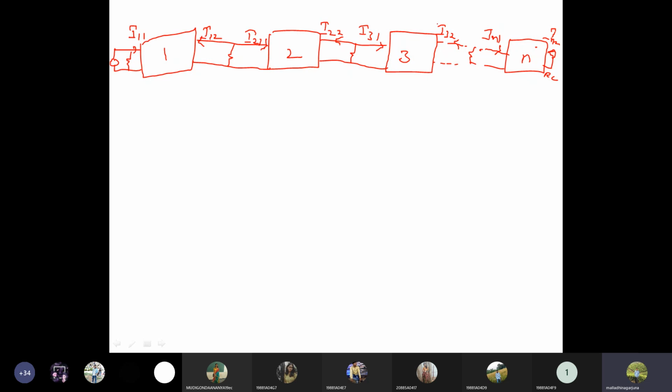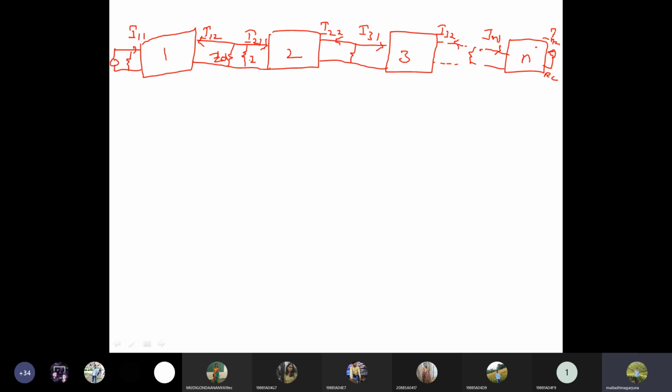Okay, so now let us look at this point. We can write here one more resistance. This is Z01 of the first stage, the output impedance of the first stage. Similarly here one more impedance is there.